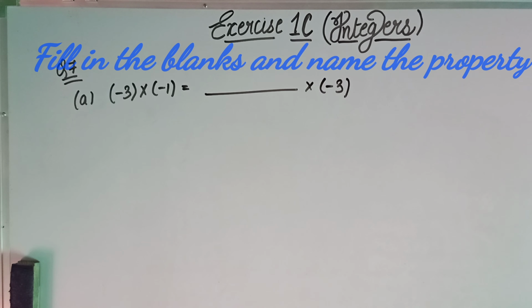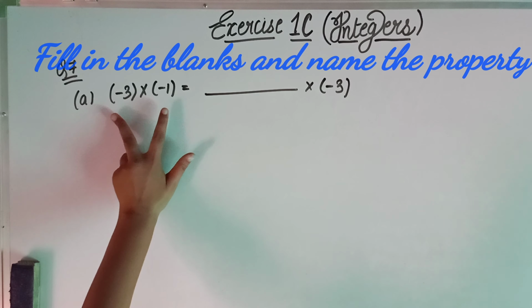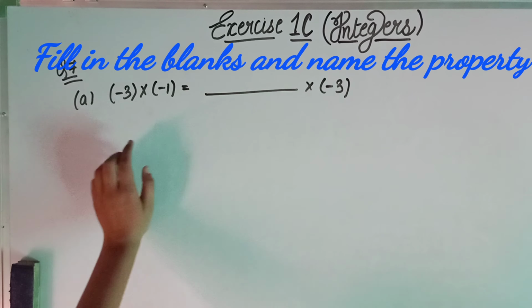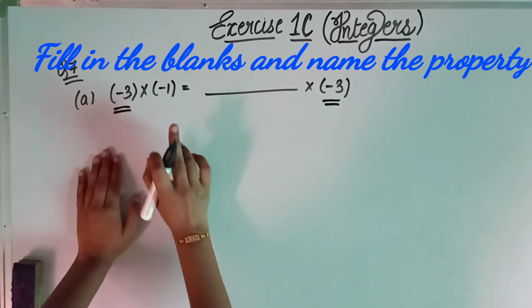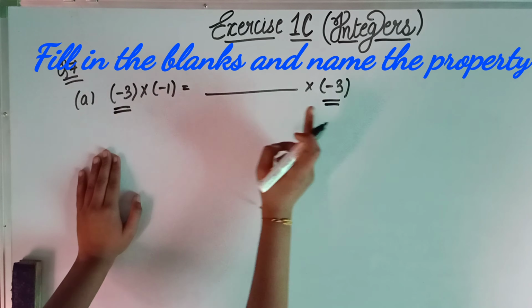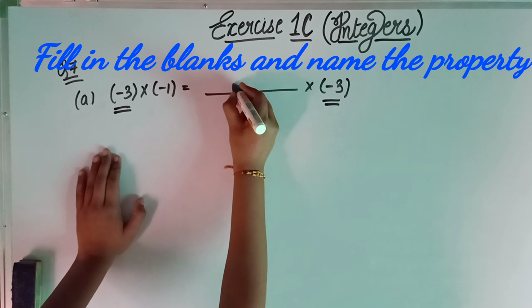Firstly, in the LHS we have only two numbers, whereas in the RHS -3 came at the end. It means the numbers are going to be the same, but the order will be reversed. Here there is -3 and here -3, so which number will come here? That is -1.